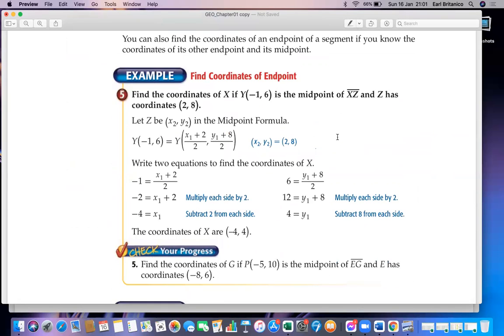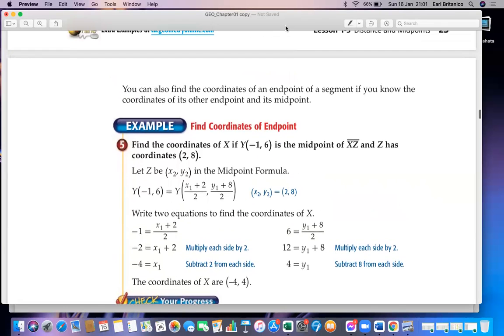Now we have another problem. Find the coordinates of the endpoint. So let me draw a figure.